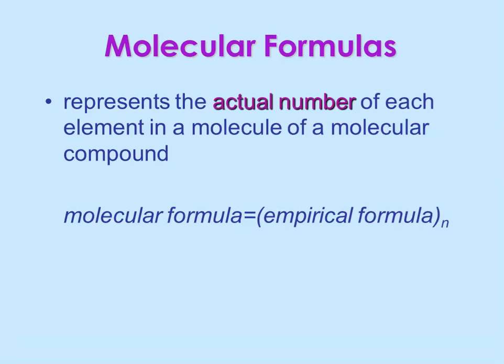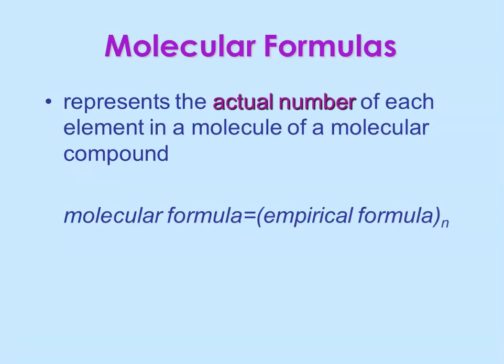So now we're going to see how we can use these empirical formulas to determine molecular formulas. How we get empirical formulas is in part, there are different analytical devices that can tell us the relative ratio of elements present in our compound, and that can give us that percentage data. And then there are also devices like the mass spec, where you can get the actual mass of your compounds.